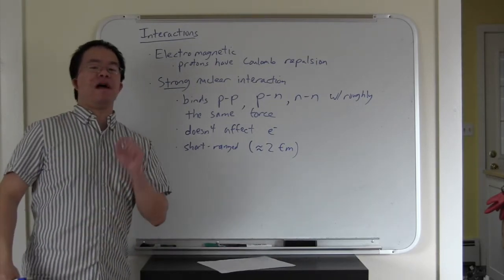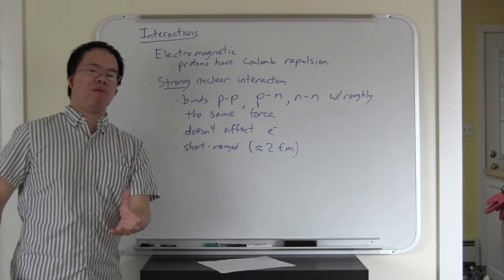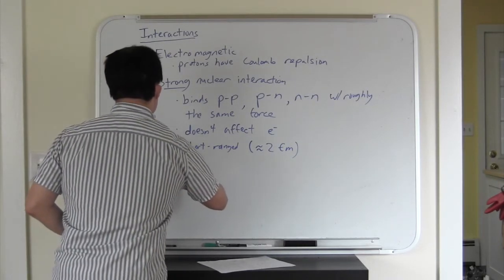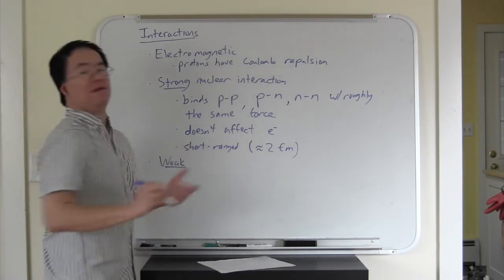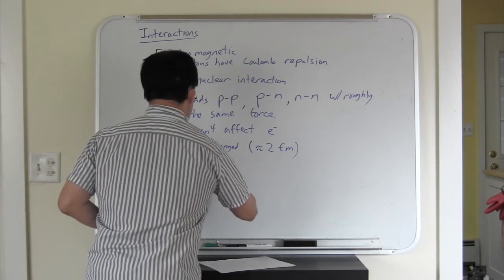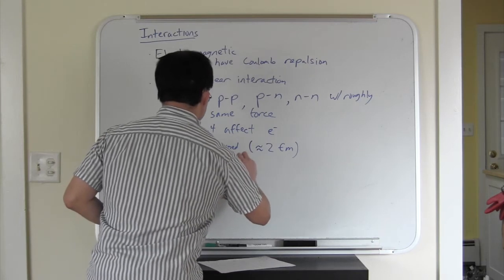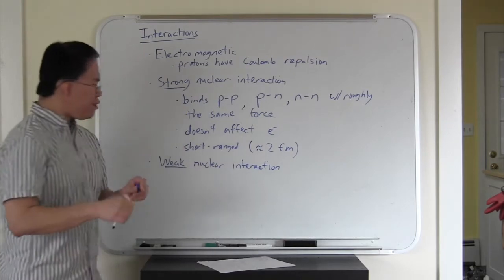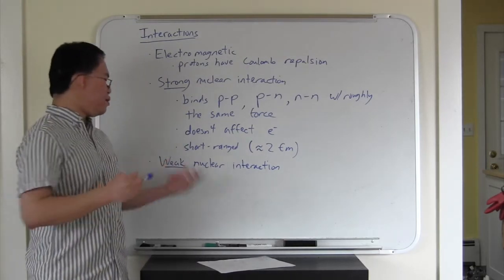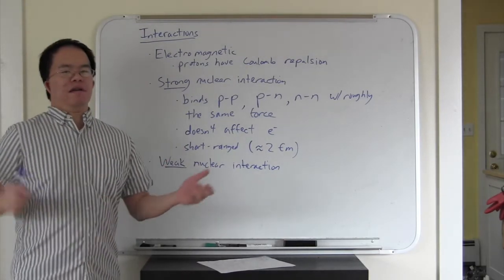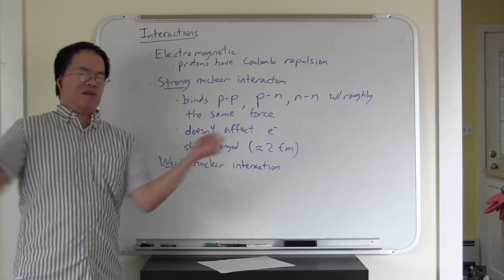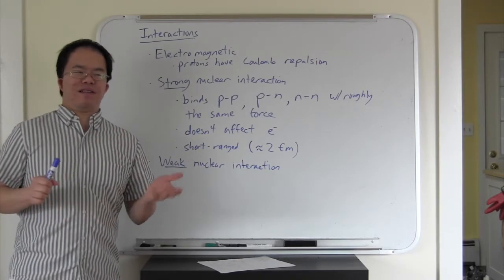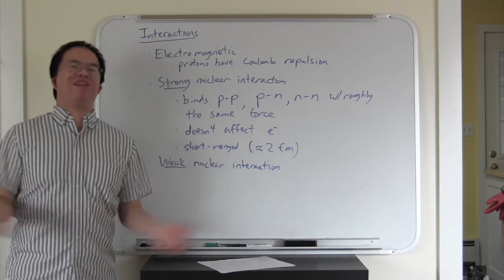There's one other nuclear interaction that we'll maybe say more about next time, namely the weak nuclear interaction. The reason we need to consider the weak interaction is the following. If you assume that the strong force is just going to always bind together protons and neutrons, what's stopping you from just piling on additional neutrons?